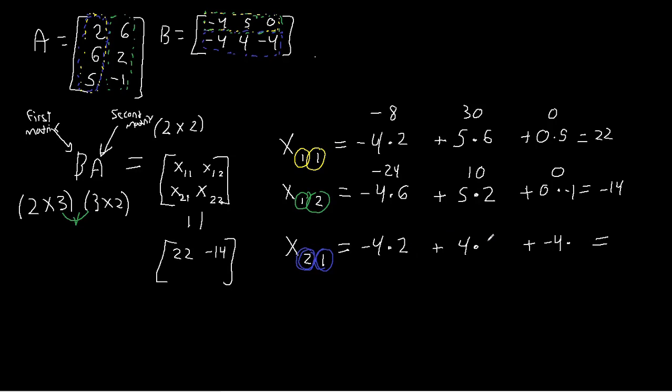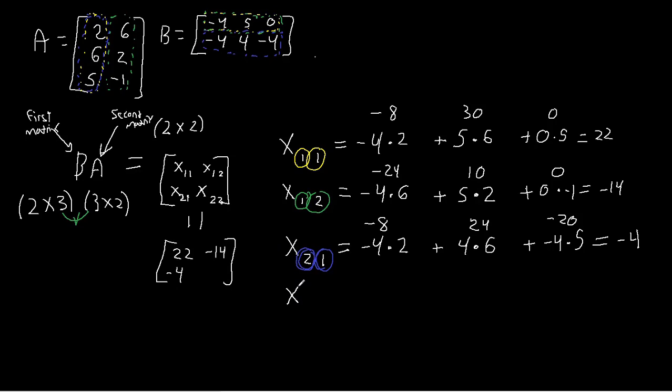We're going to be grabbing the 6 because that's the second element, and we're going to grab the 5 because that's the third element. And so if we do the math, that's negative 8, that's 24, and that's negative 20. If we do the math on that, we should get negative 4, because that's negative 28, that's 24, you should get negative 4. So we know that x21 is going to be negative 4.